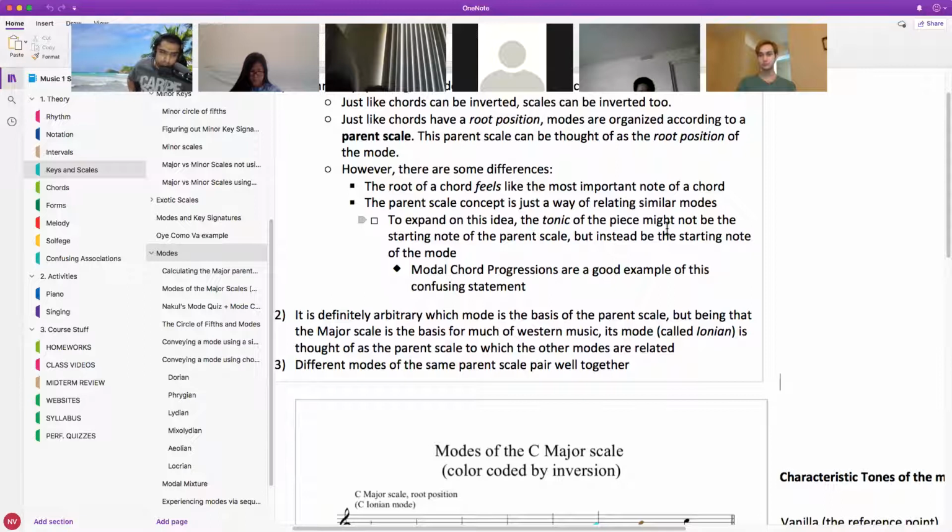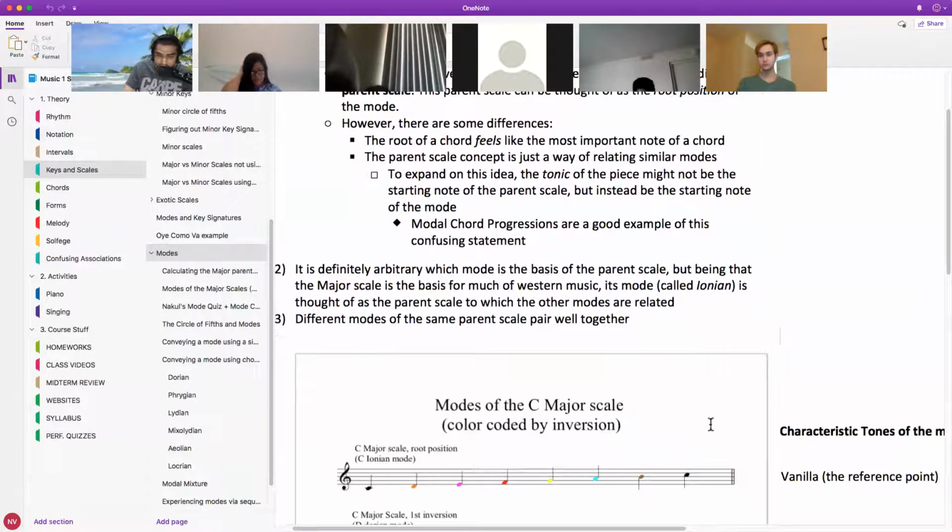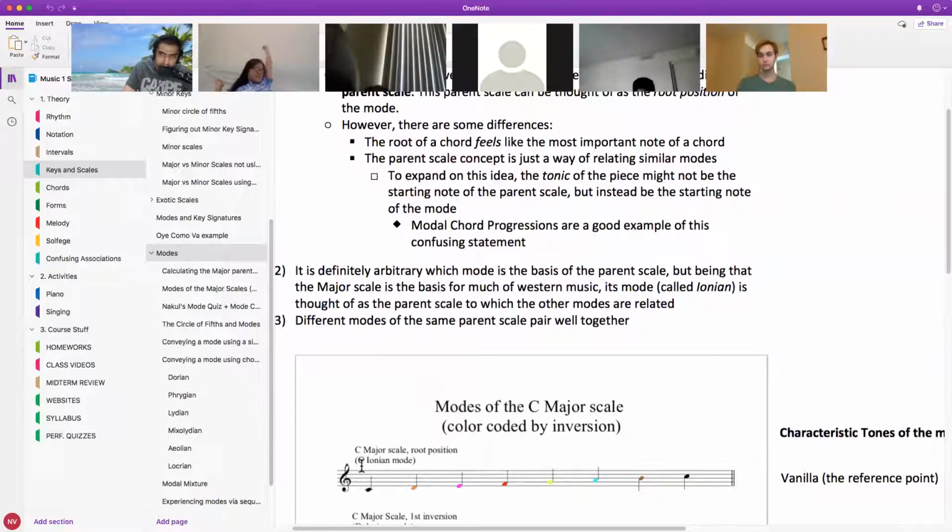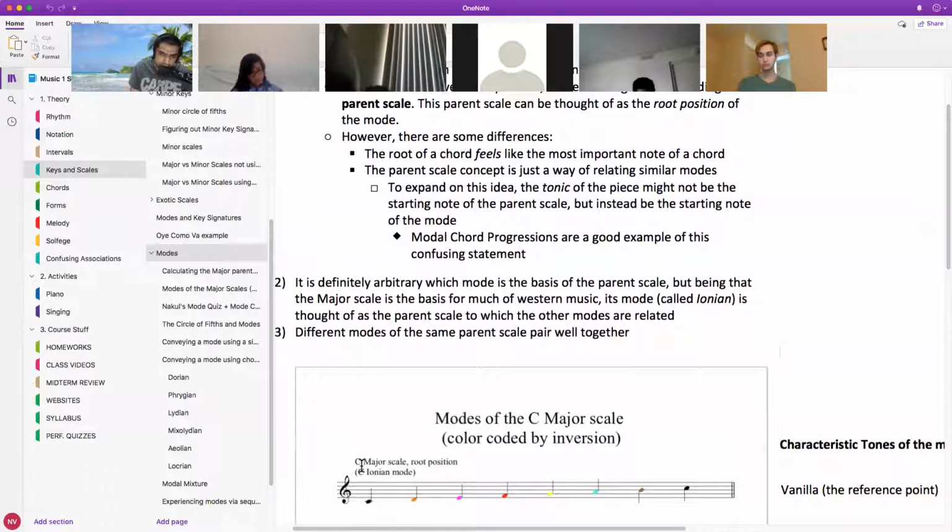The real power of the modes lies in treating each one as a scale, as its own thing, not as a subset, but rather as its own kind of entity. It's convenient to classify modes as part of a parent scale because you can classify them, but that only is useful to some degree.